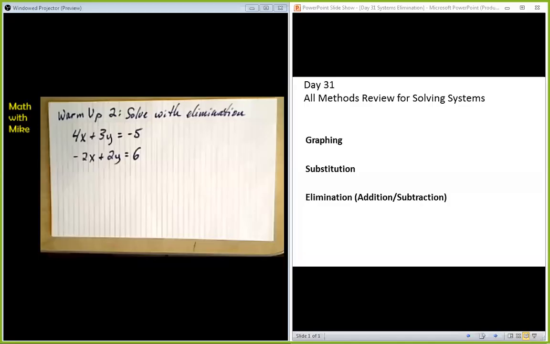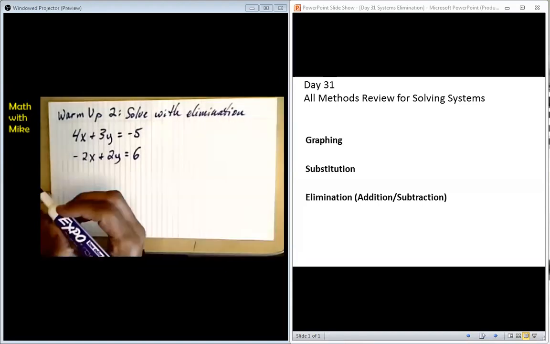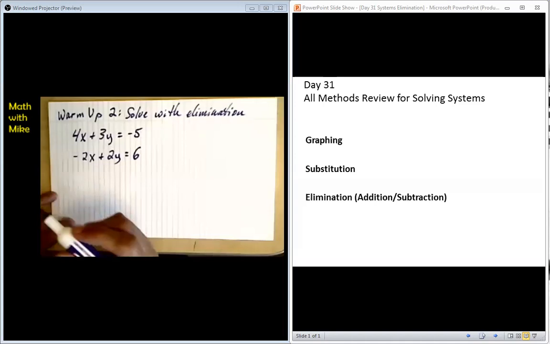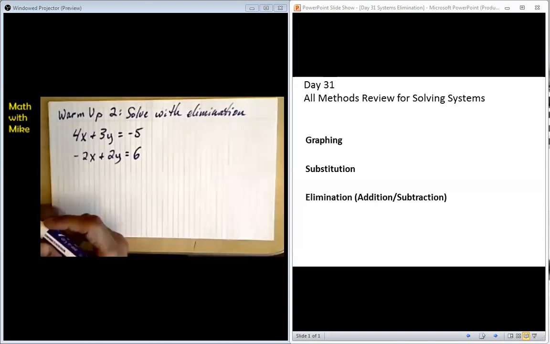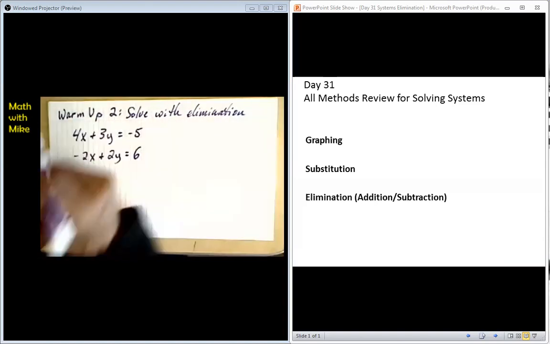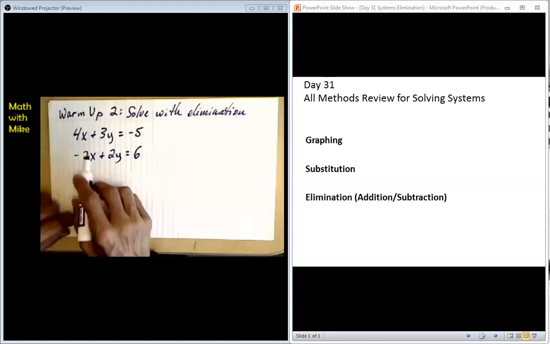Let's get it started. What's the first thing to do for this one? We can put 3y equals minus 5 plus 4x. Hadil, one more time, what did you say? No, not for this method.